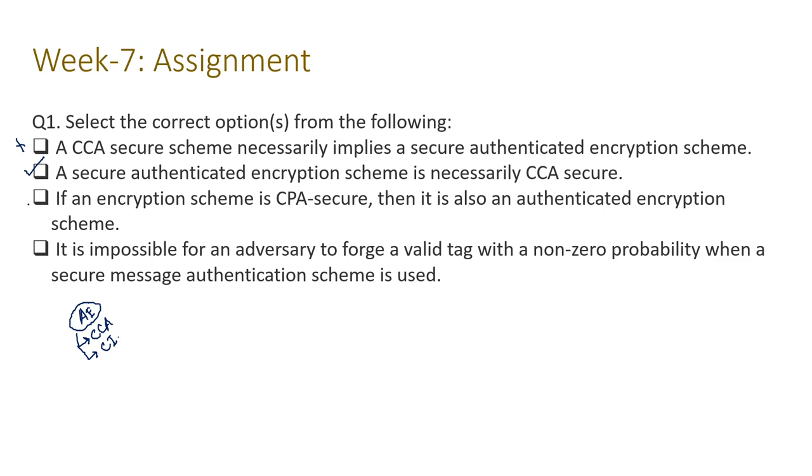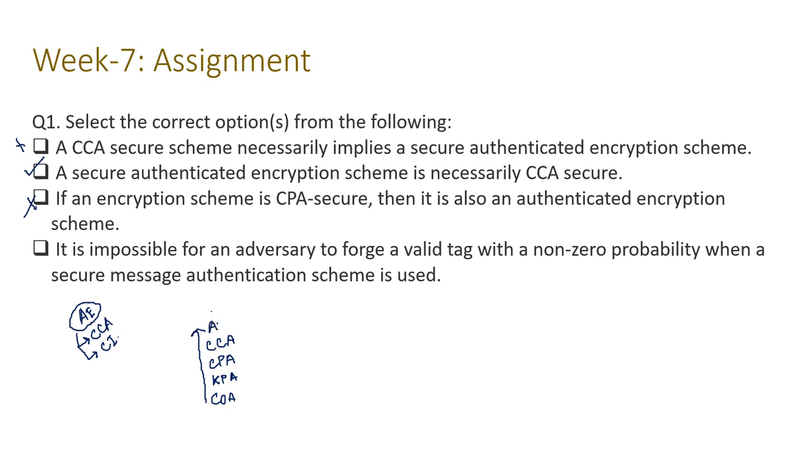Both below are wrong. This is wrong because, as we already know, these security concepts come with the growing power of the adversary. There is the ciphertext only attack where the adversary has the least power, then the power increases gradually from KPA security, then CPA security where the adversary has encryption oracle access, then CCA security where the adversary has both encryption and decryption oracle access.